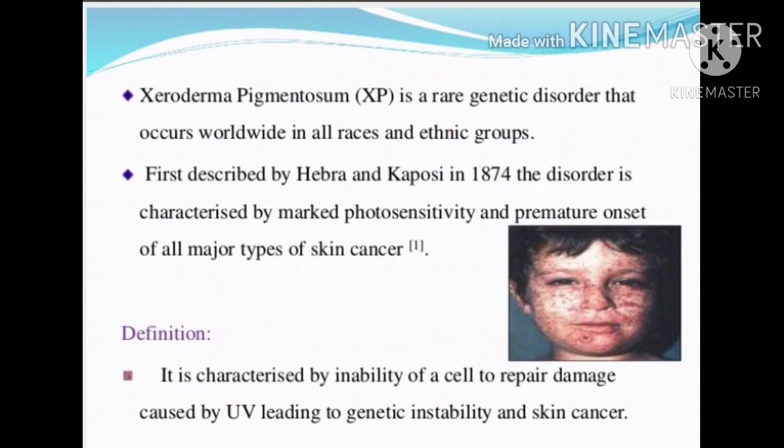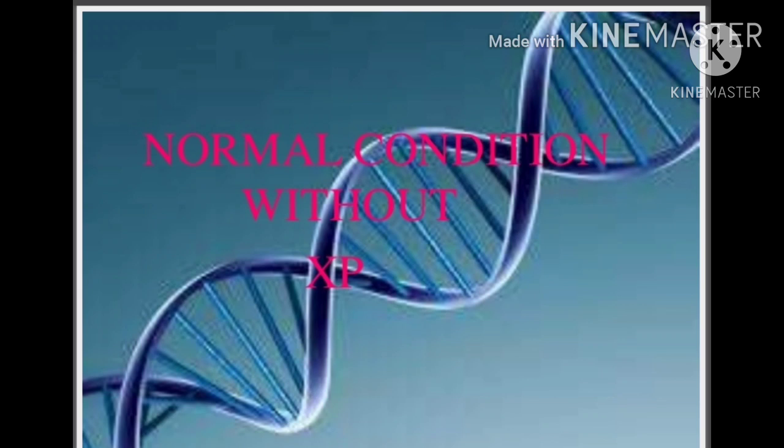Okay, take a look at the second part of this slide. It is characterized by the inability of cells to repair damage caused by UV, leading to genetic instability and skin cancer. So the point is that xeroderma pigmentosum is mainly due to a deficiency in the DNA damage repair system. Let us look at the normal condition, without the disease.